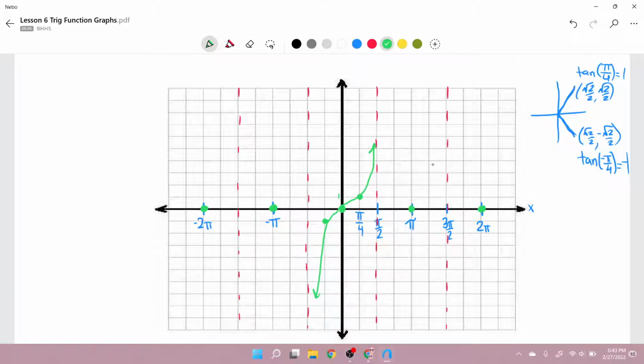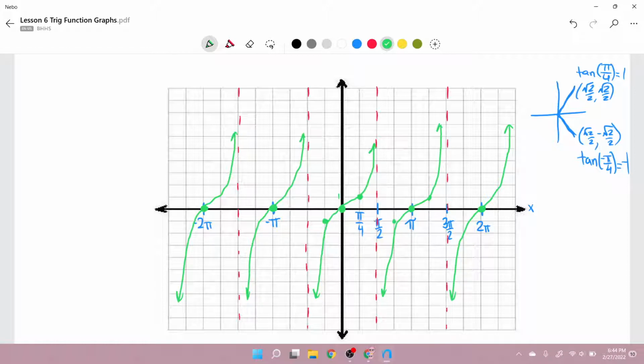And then we can continue to do so at every interval. It's not perfect by any means, but we kind of get the idea.